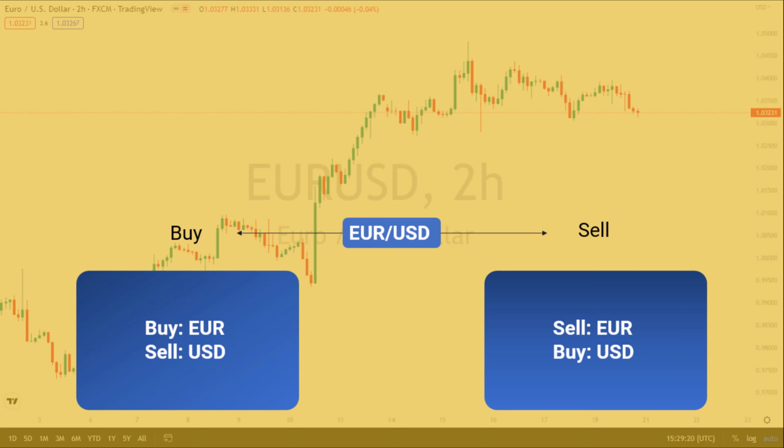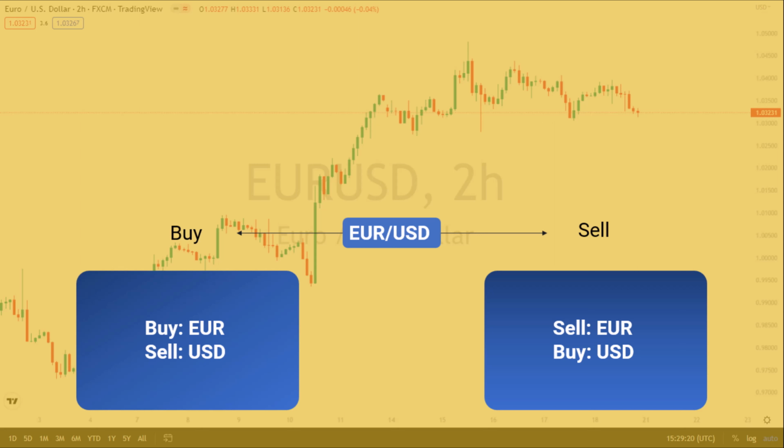And if you are selling, it means that you want that currency pair to drop. And when a currency pair drops, it means that the value of the base currency, in this case Euro, is dropping against the quote currency. And that is why if you sell something and the value drops, you are happy. If you buy something and that thing appreciates, it has more value, then you are happy.